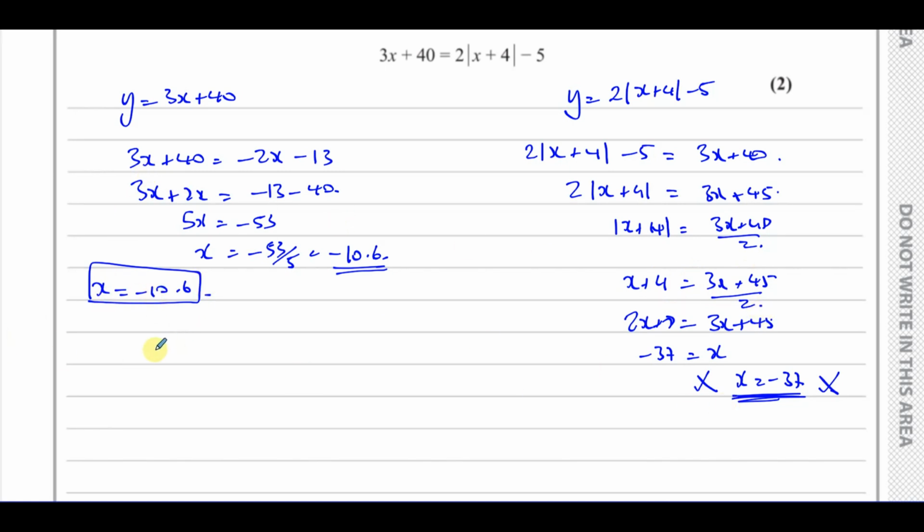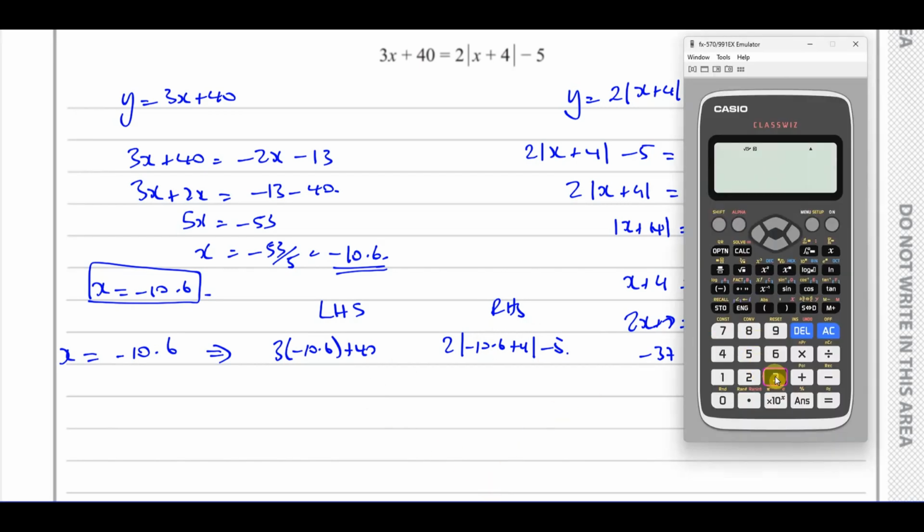So when we check these solutions algebraically, since I haven't got the graph, we would have to check both solutions. So when we check x equals minus 10.6, I have my left-hand side and my right-hand side. The left-hand side is going to be 3 times minus 10.6 plus 40. And the right-hand side will be 2 times the modulus of minus 10.6 plus 4, minus 5. And I'll check what that gives me.